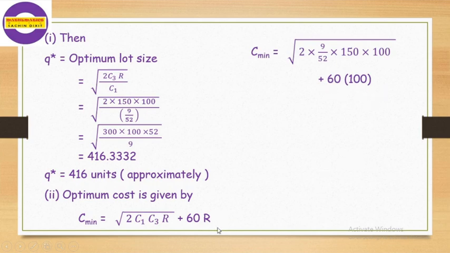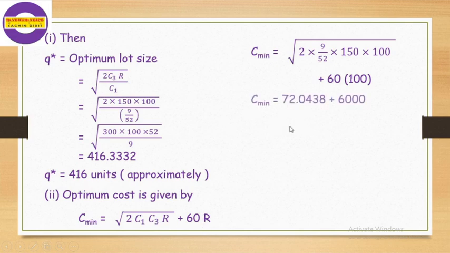This 60 into R is added because this is the value of the product: the cost of each product is 60 and the demand is 100 products. So we add it in this term, it is separately calculated. It is a special problem.